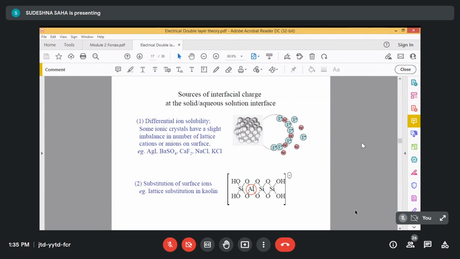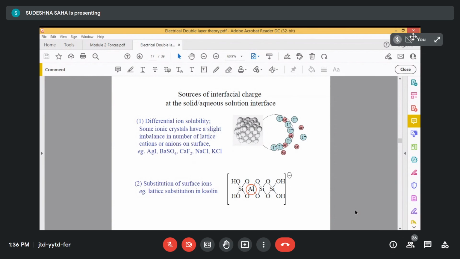Most bodies attain a surface electric charge when they come in contact with a polar medium. The simplest polar medium is an aqueous medium, right? The mechanisms by which these surface charges occur can be of different kinds.